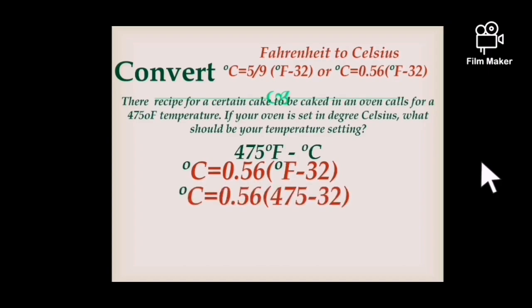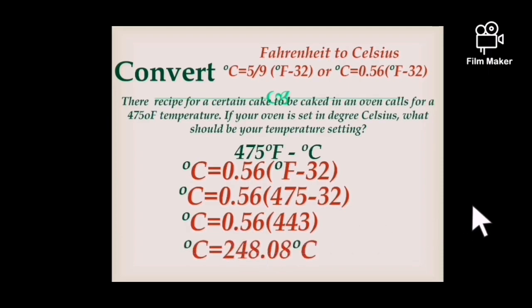Substitute the value of Fahrenheit. So that is 0.56 times the quantity 475 minus 32. So 475 minus 32 is 443 times 0.56 is 248.08 degrees Celsius. And that is the temperature setting of the oven.